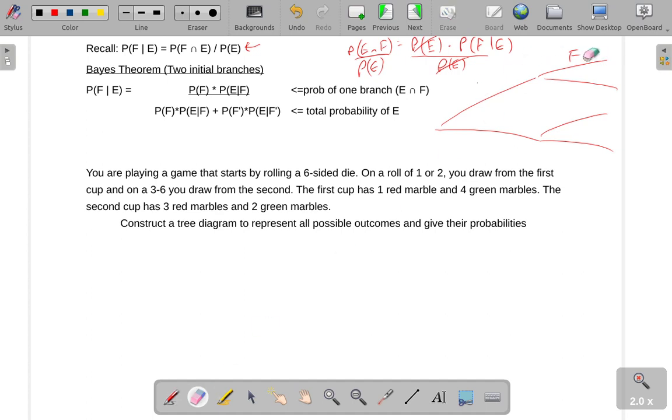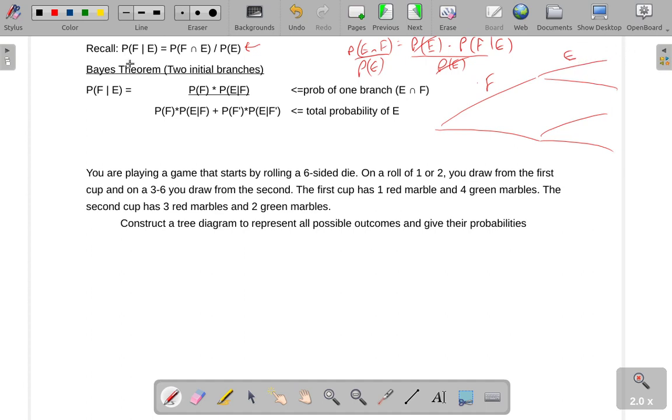Yes, I do have that backwards. I'm trying to find the probability of F given E. If F was the first event and E was the second event, there we go, then it's not exactly straightforward.